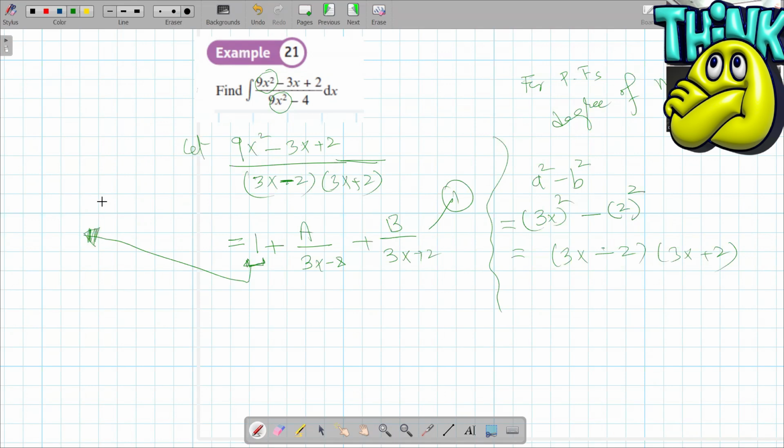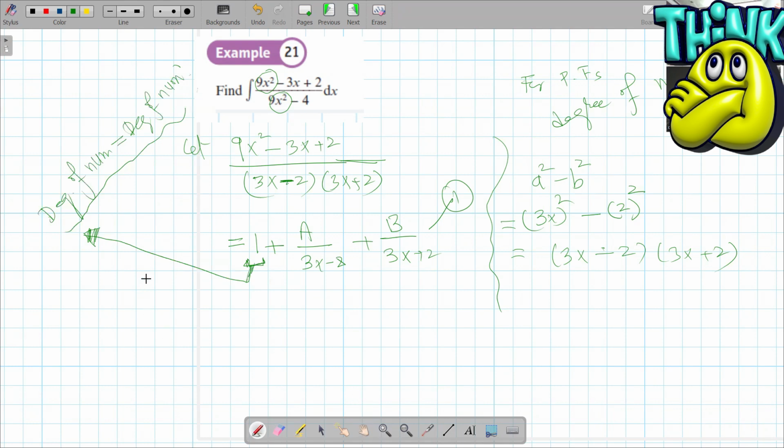You can apply this method if the degree of numerator is equal to the degree of denominator. This is only for the case when both of them have the same degree. If the numerator is higher in degree, then you need to divide. That is a must. If both have the same degree, you can just add one, and it will solve your problem.